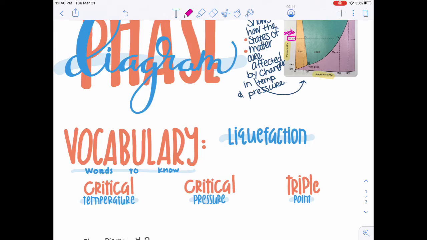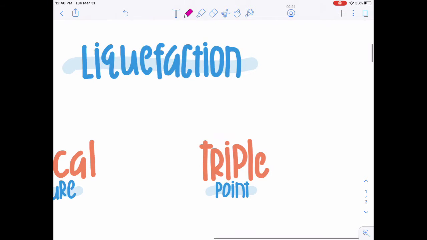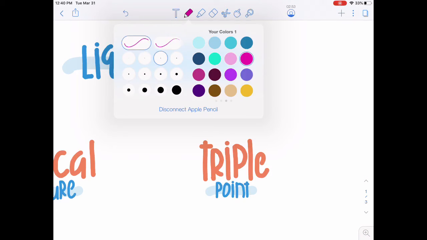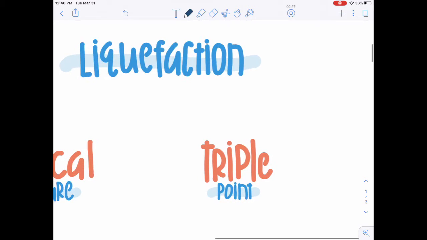So some vocabulary words that we need to know for this section is liquefaction. It's the first one. Liquefaction is a conversion of the gas or a vapor into a liquid.